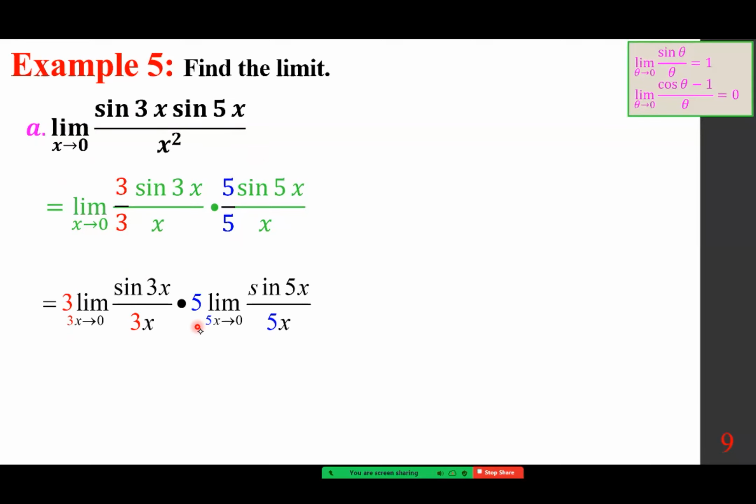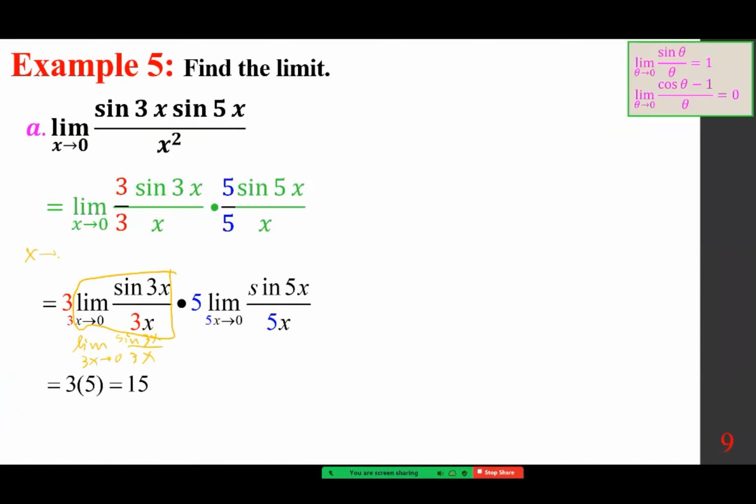Now, if you just change it right now, this one to 1 and this one to 1, the product is 3 times 5, which is okay. But honestly, you want to pay attention here. This one and this one and this one must be the same. For this one, I'll show you. Because x is approaching 0, so is 3x. So this must be changed to the limit of sine of 3x over 3x as 3x approaches 0.